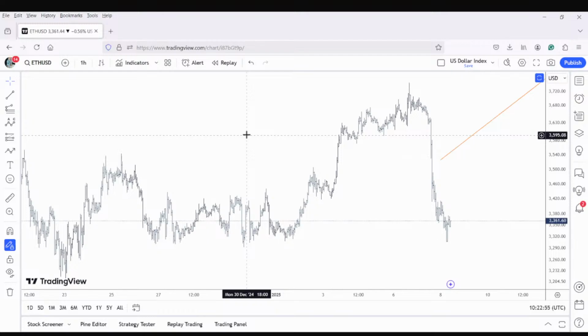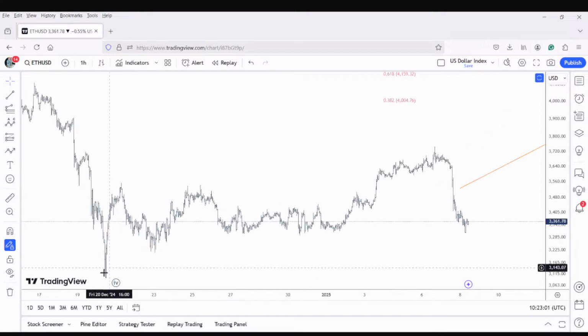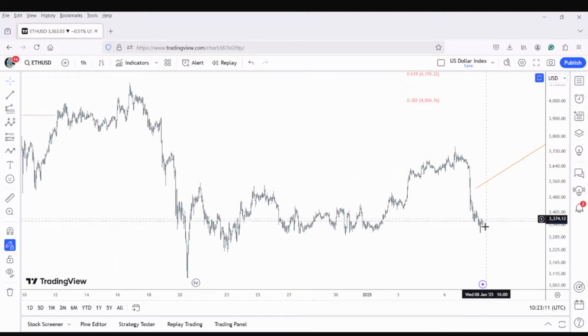Ethereum is also more or less the same story, but as I said earlier, this is not an impulse. This is absolutely not an impulse unless it is making a diagonal structure. We can still remain on the long side with the stop loss around 3100.